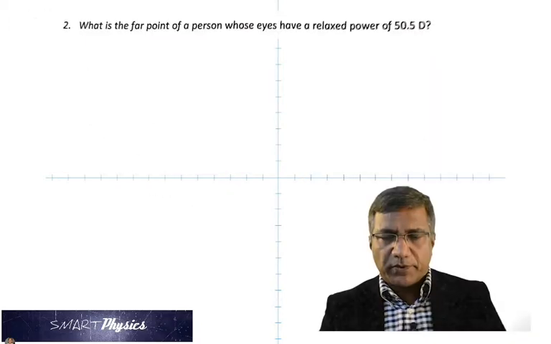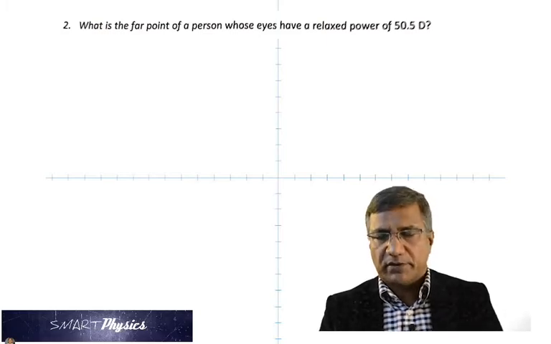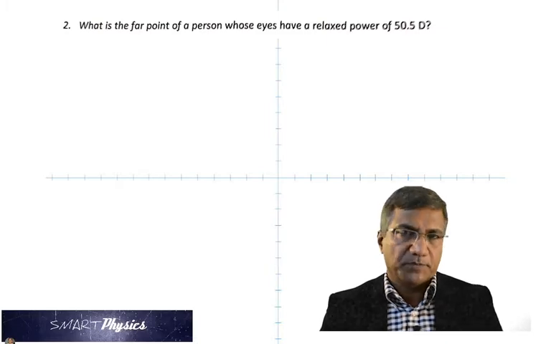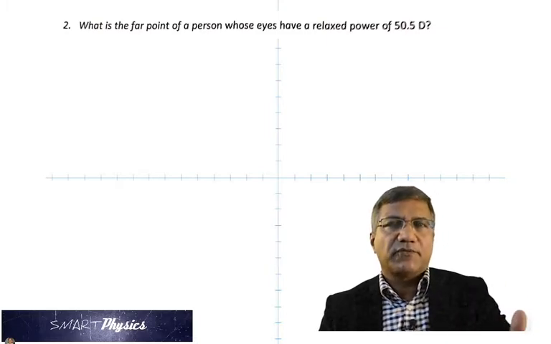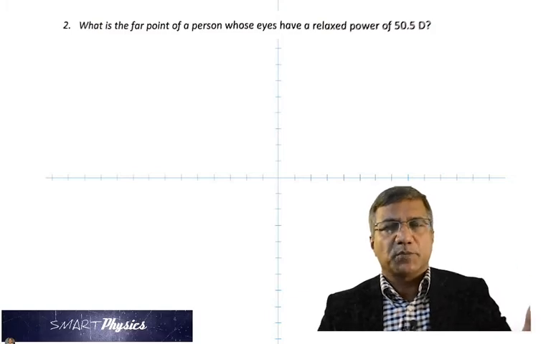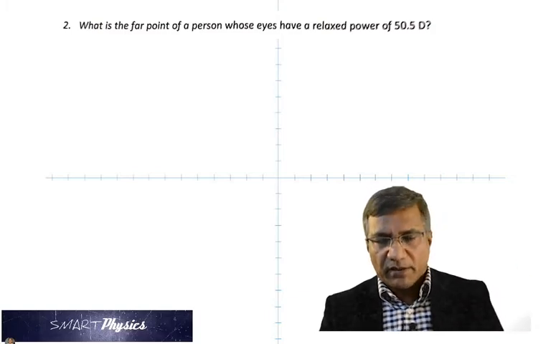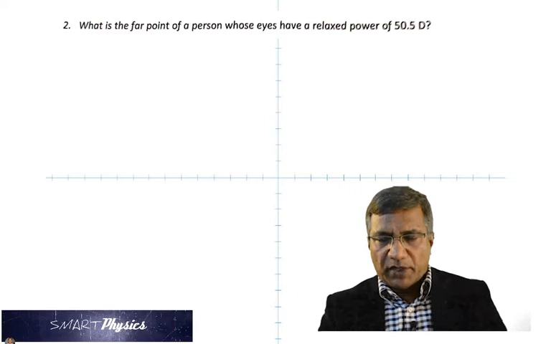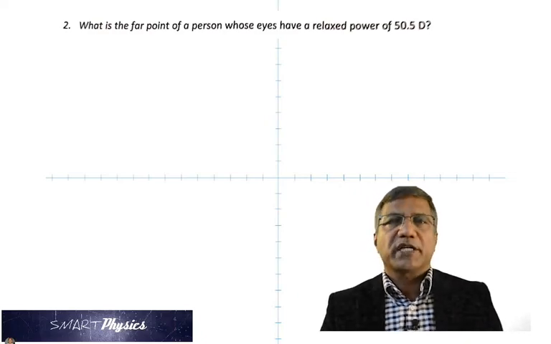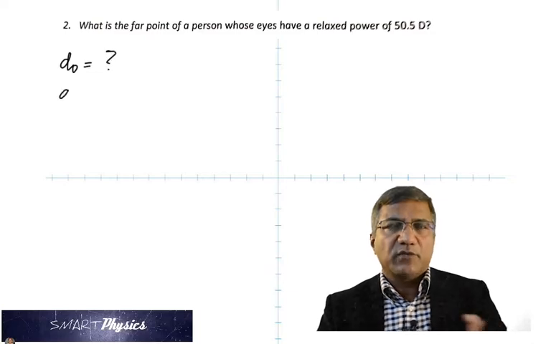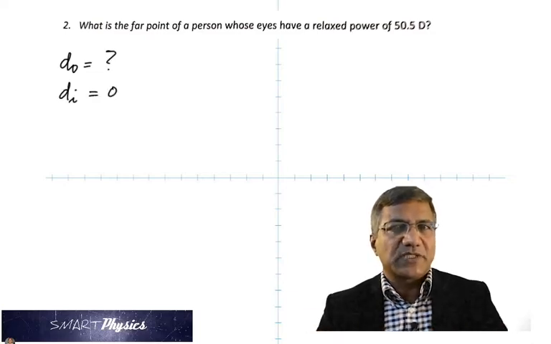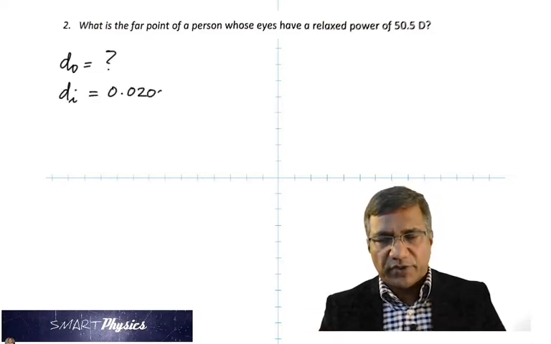What is the far point of a person whose eyes have a relaxed power of 50.5 diopter? Now the far point means the farthest distance to which the person can see. So the power is given, which means we can find the focal length. And once again, we know that DI is 2 centimeter and we're looking for DO.